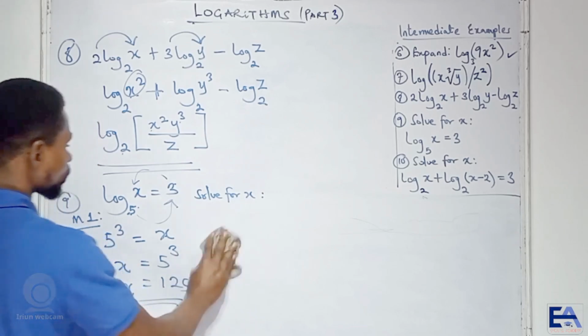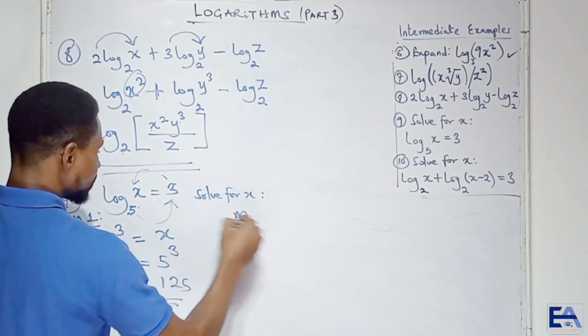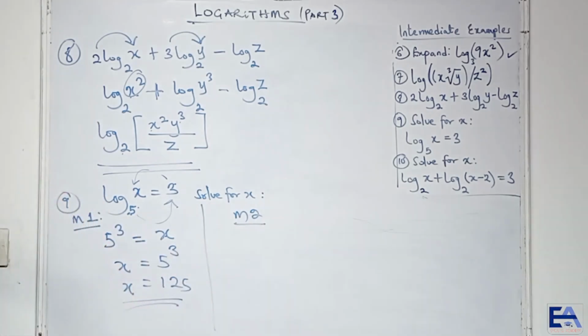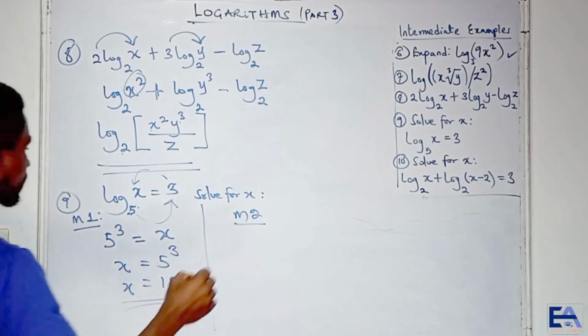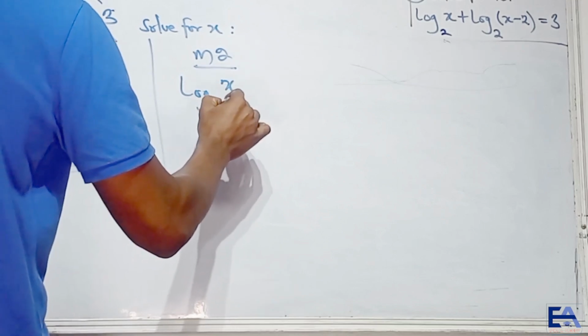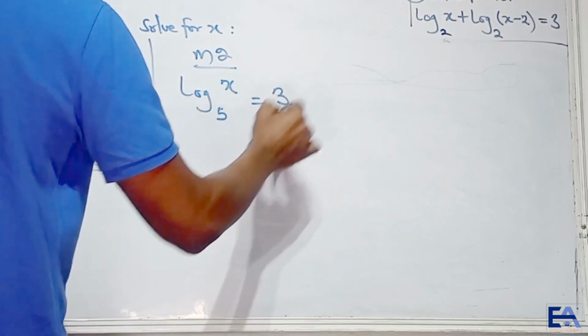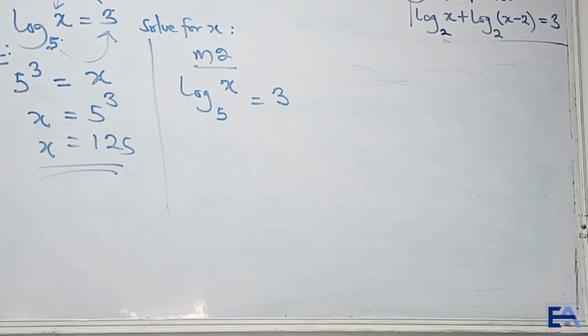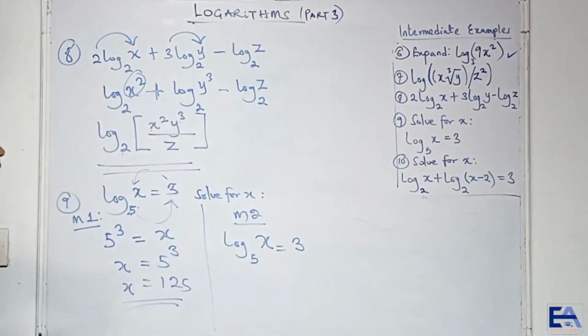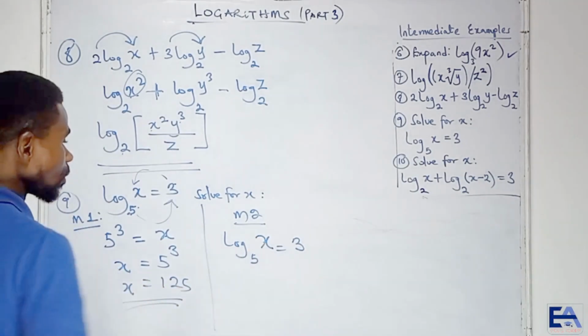But if you do not want to solve it this way, you can use a different method. Method 2 is that, since this is the question, we have log x to base 5 is equal to 3, right? You could choose to make it the same logarithm on both sides.